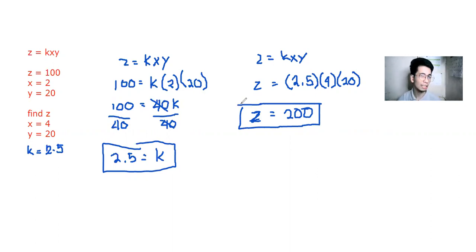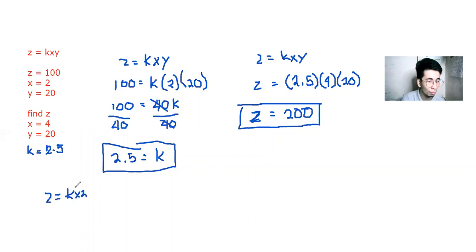Ngayon, may shortcut. Turo ko din yung shortcut. Kasi yung nakaraan, di ba may shortcut din tayo ng pagsasolve kapag ganyan, na equal-equal. Ngayon, ang shortcut natin, di ba, we have the z is equals to kxy.